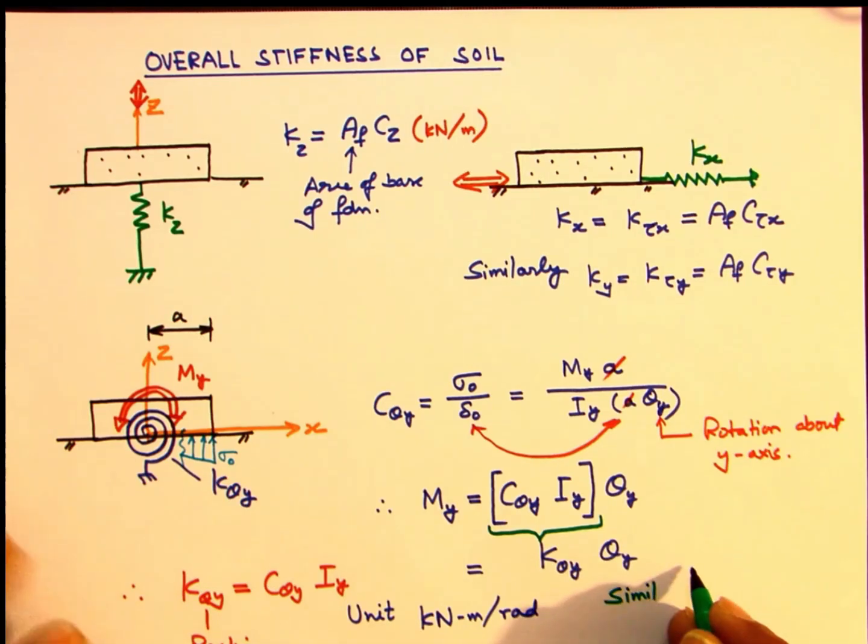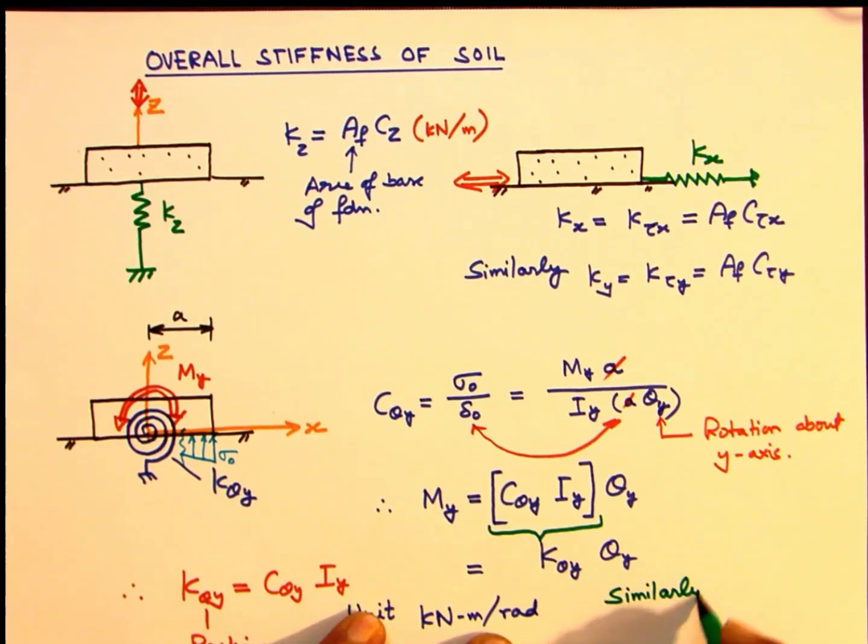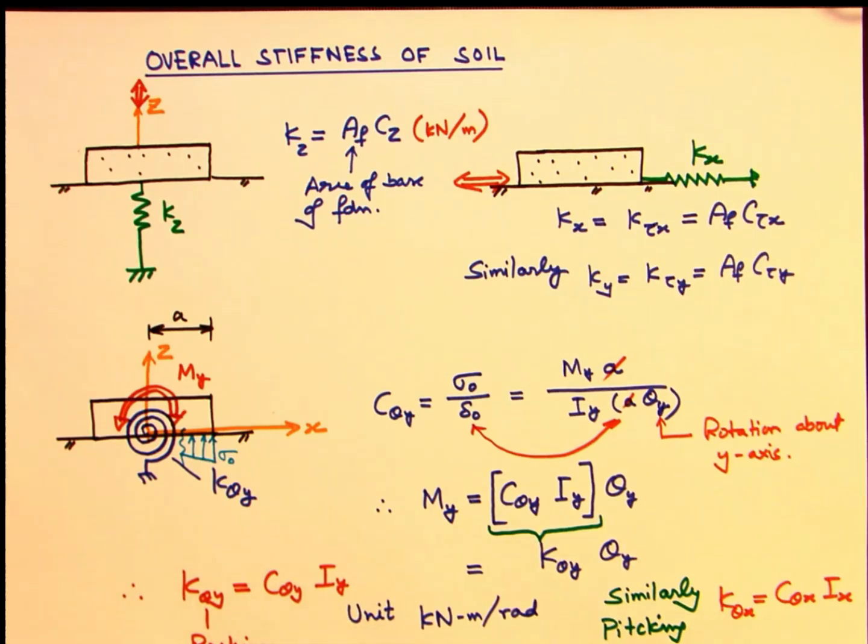Similarly, for the pitching case, we can define the spring constant indicated by the symbol k theta x, and it will be given by the product of C theta x and Ix, Ix being the corresponding moment of inertia about the x-axis.